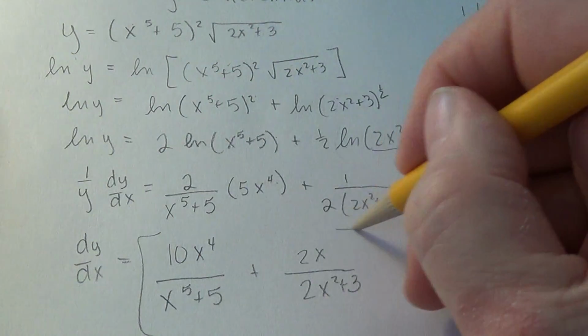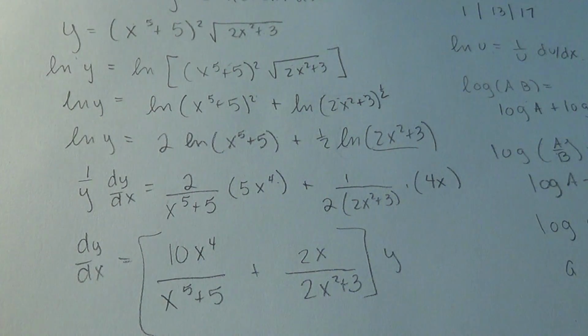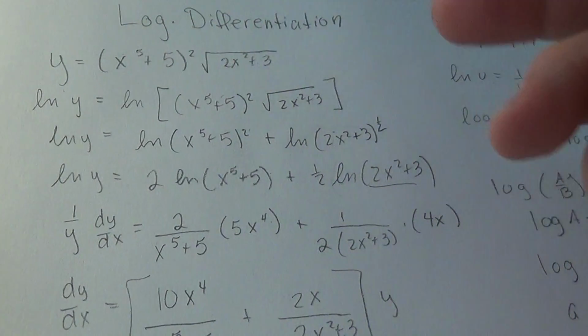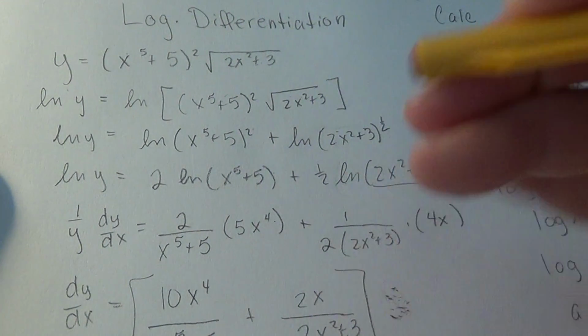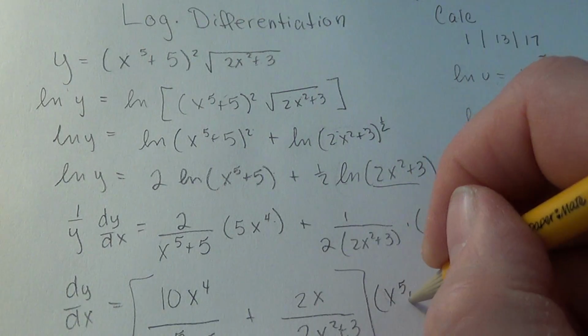And the y disappears from here and appears over here. But the y, we know from the very beginning, up here, has this value. So I'll go ahead and put it in here.